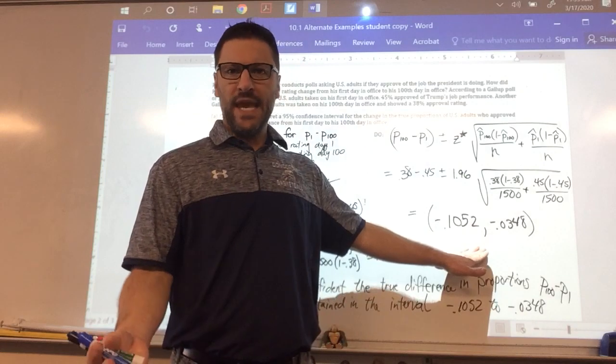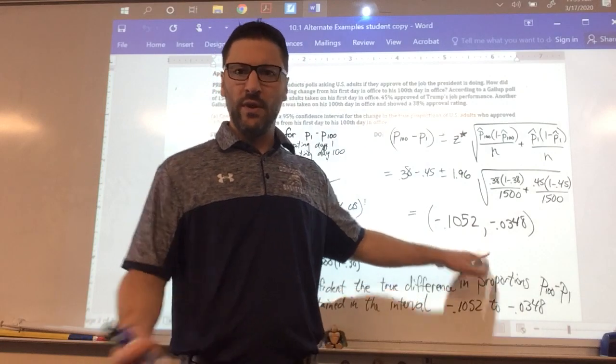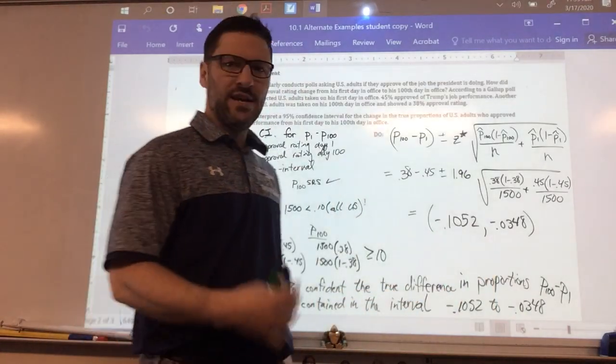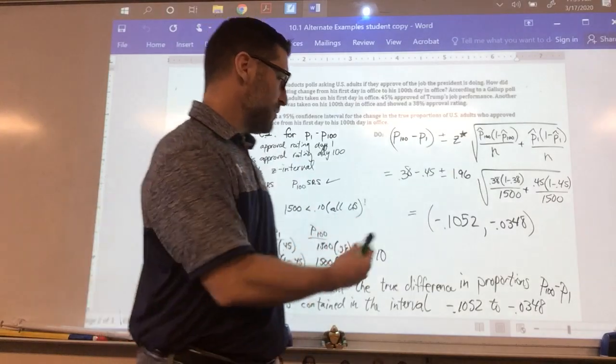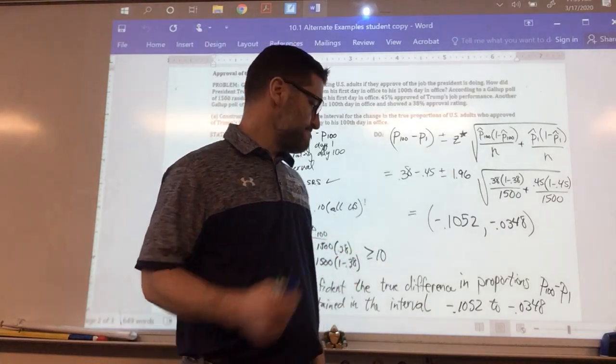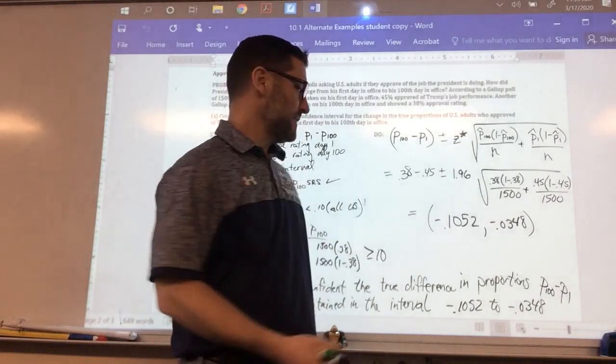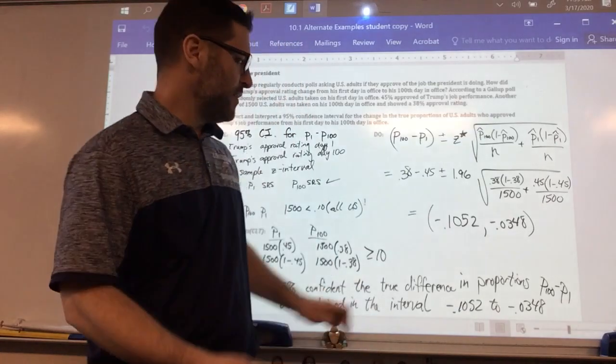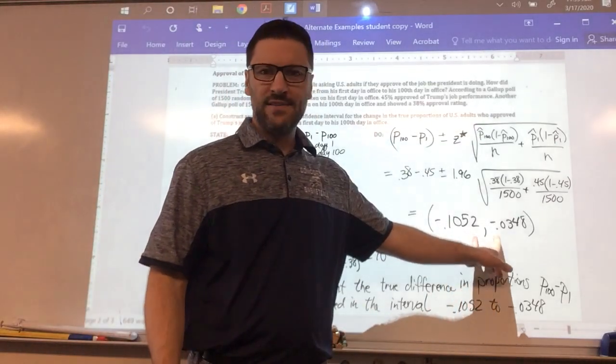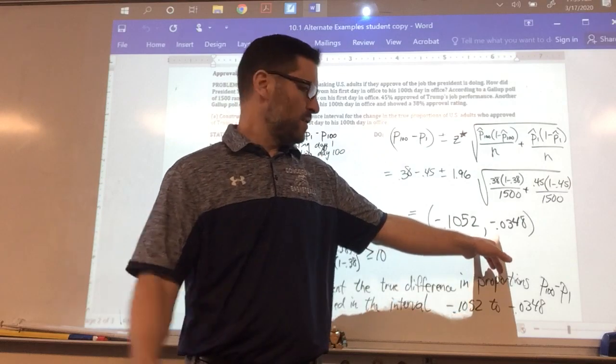Well, they're both negative. So do we think Trump's approval rating has gone up or down? According to these numbers, I would definitely say it has gone down, because there are no positive values in there, and there's not zero.